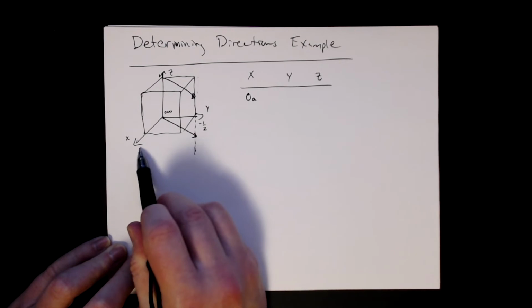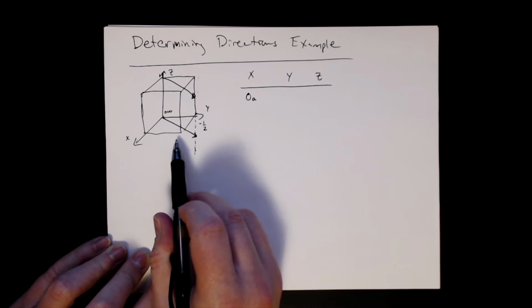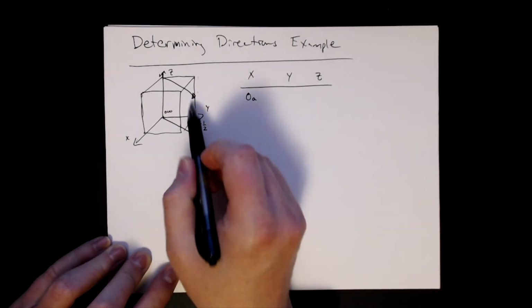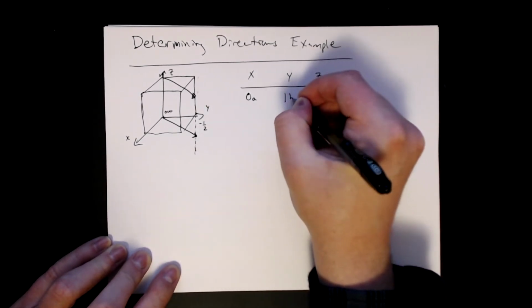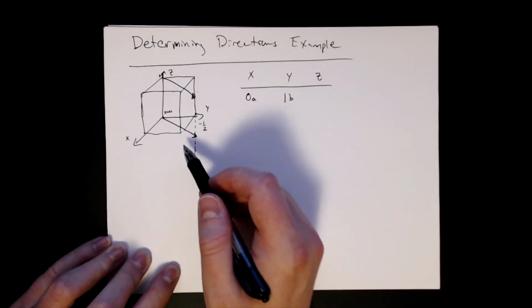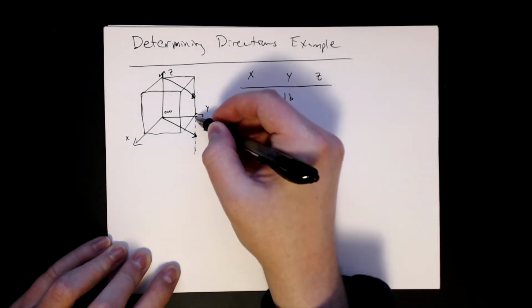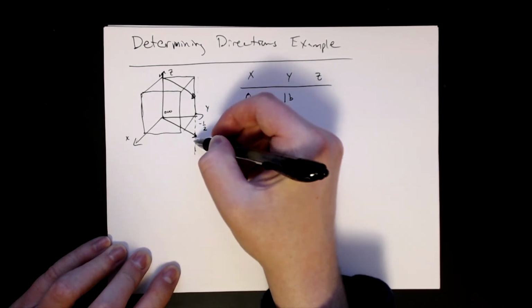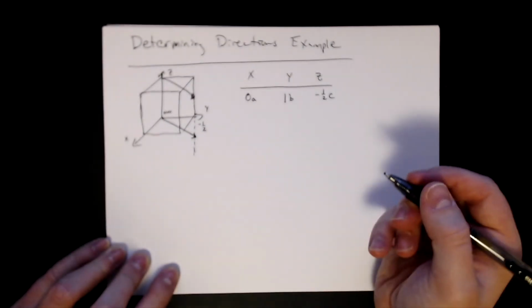The next one, just like we saw in the previous example, also touches the y-axis, the edge here of the cell, so that means it is 1 times the length of b. And then the last part, the projection on the z-axis: it's projected in the z-axis, but it's negative, so it's projected negative 1/2 the length of c.